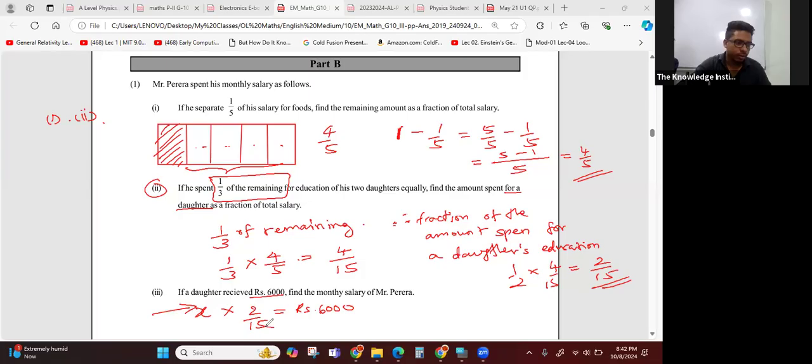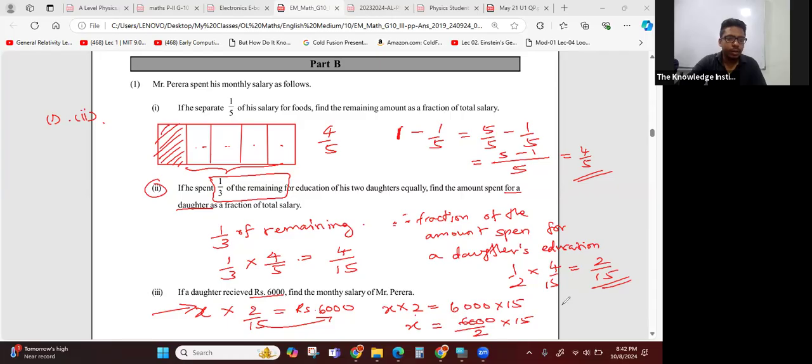6,000 into 15. Then you can take this 2 to the other side. So the multiplication turns into division. So X equals 6,000 divided by 2 into 15.